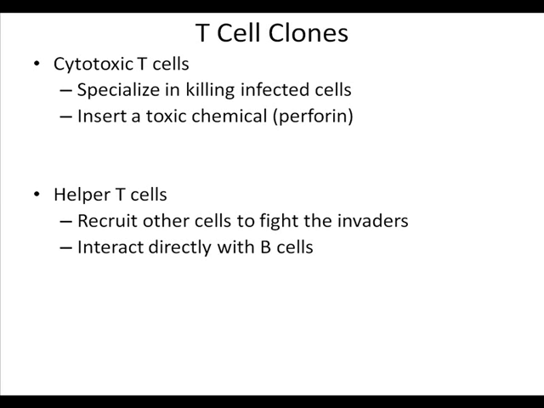Helper T cells are interesting in that they can recruit other kinds of cells. So they can actually recruit the humoral arm and get B cells to start attacking. They can also recruit non-specific immune responses that we've already talked about, like inflammation and complement, and get them to attack as well.